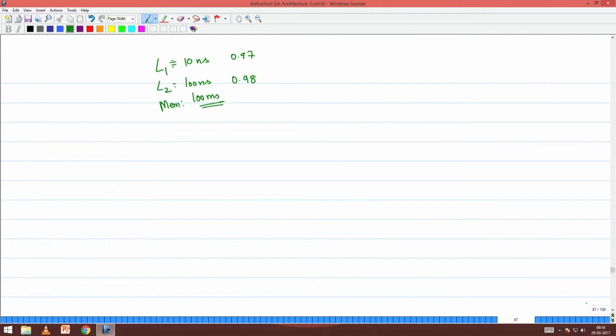Our earlier thing was 10 into 10 power minus 9 plus 0.004. I am using the same L1, same memory, but I am just introducing an L2 cache. Now, what will be the equation for this? AMAT for this would be L1 cache plus L1 miss ratio, miss of L1 into miss penalty.